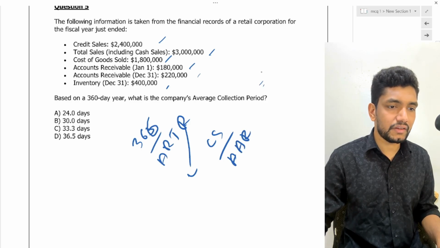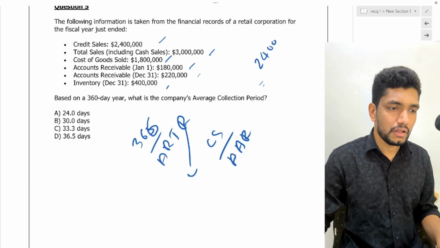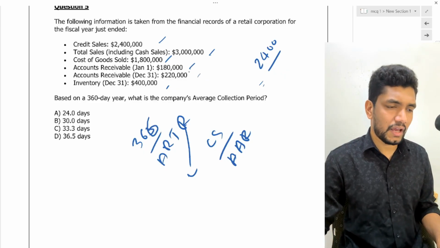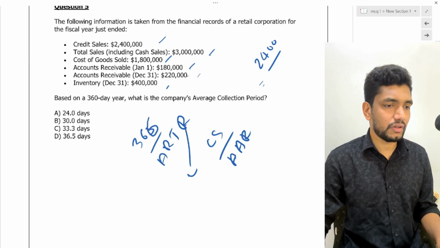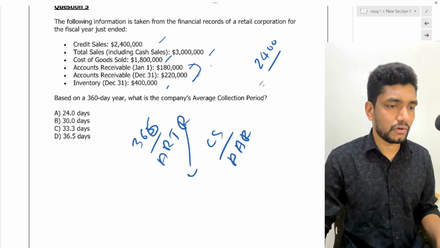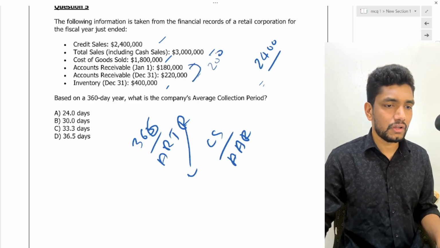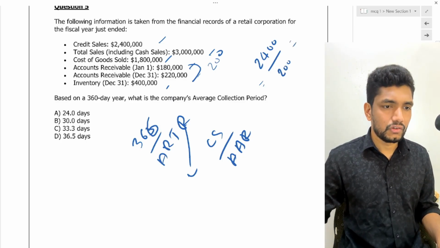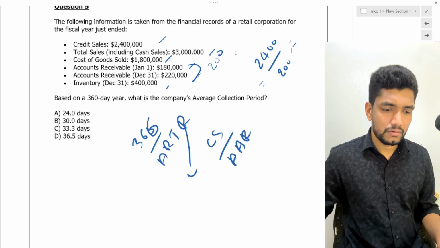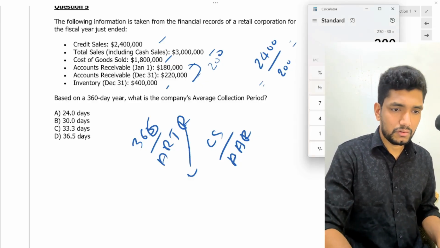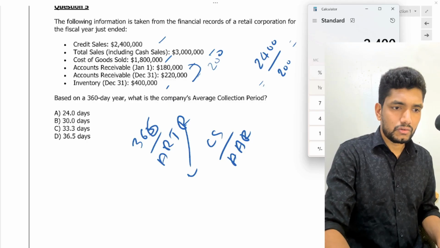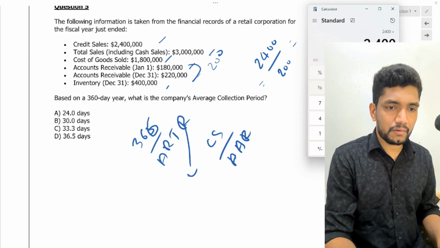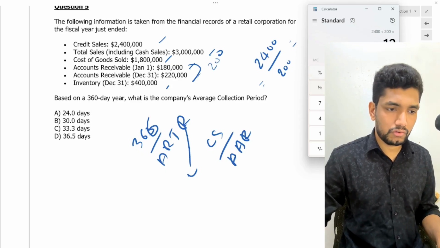So you see the credit sale is 2.4 million. And for the average account receivable, the beginning account receivable is 180,000 and the ending account receivable is 220,000. So you have to average it out. So the average will be 200,000. So that means 2.4 million divided by 200,000, that is 12.